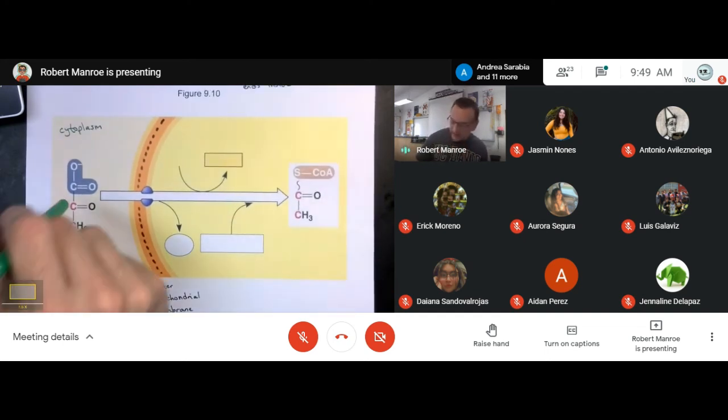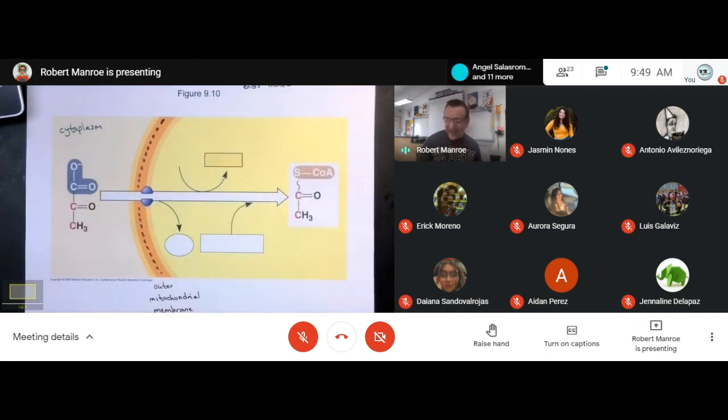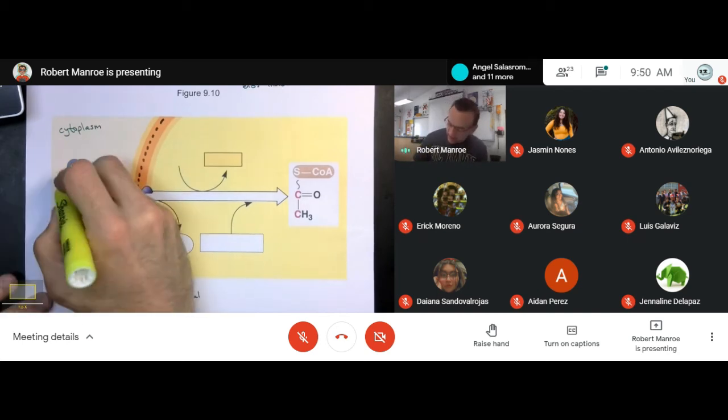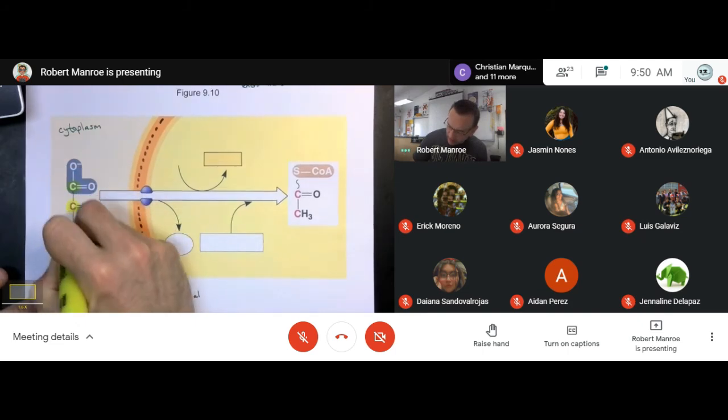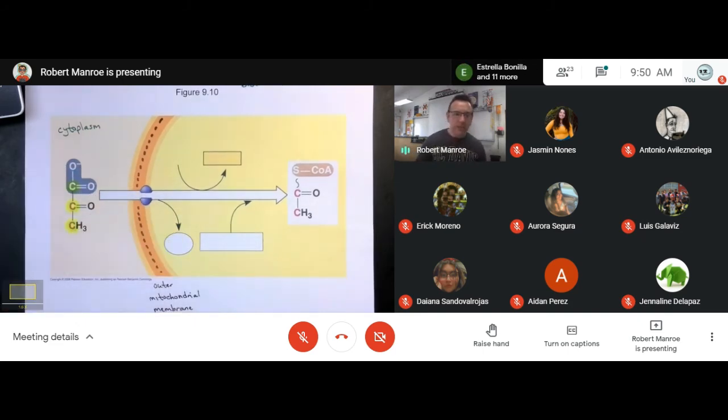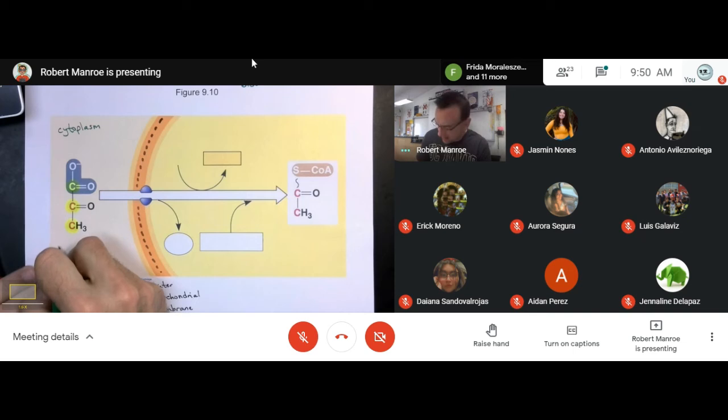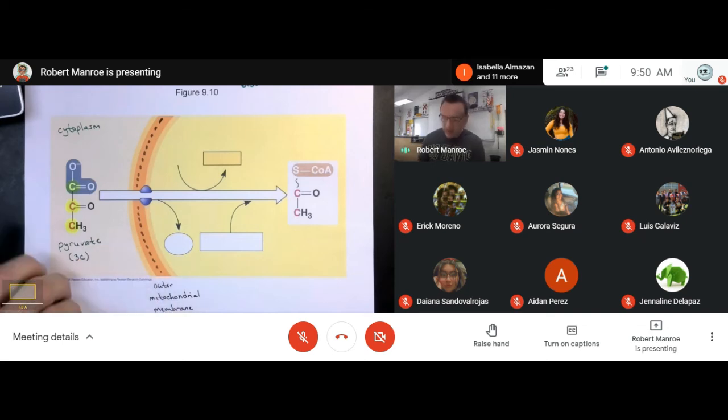So what we're looking at here is the product at the end of glycolysis. What we have here is a 3-carbon compound. What is that 3-carbon compound? Pyruvate. Excellent. Pyruvate, with its 3 carbons.